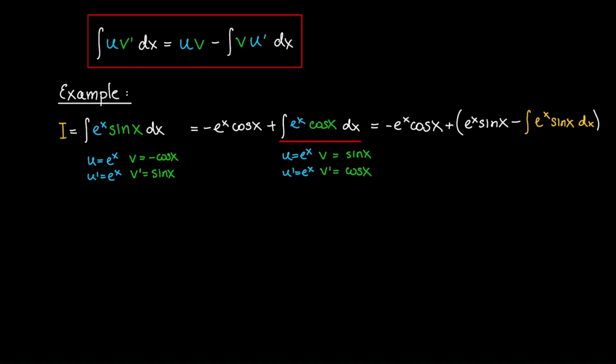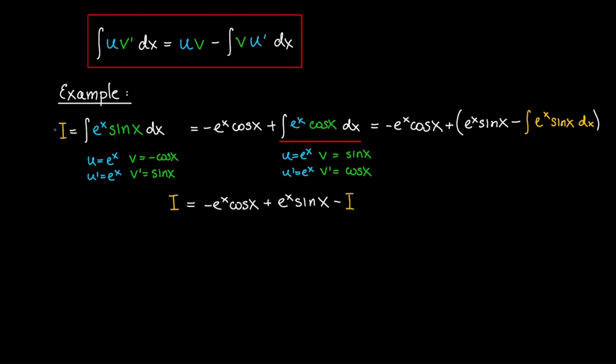Now at this point, you might have already noticed something very special. We did integration by parts twice, and somehow we ended up back in the same integral as the one we were solving in the beginning. Since I set this integral e^x sine of x as a variable I, that's exactly what I'm going to do now.